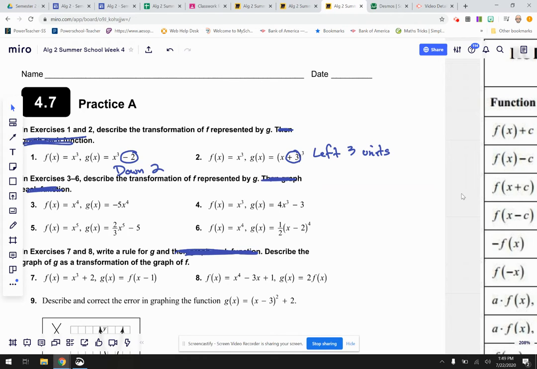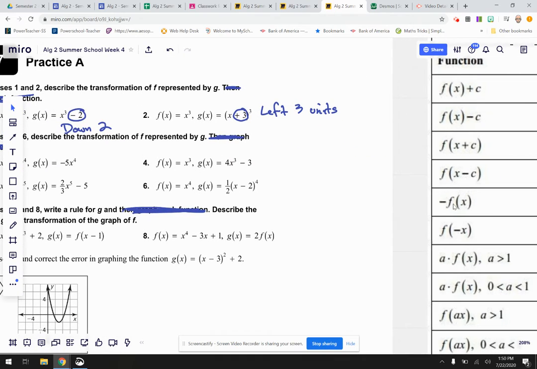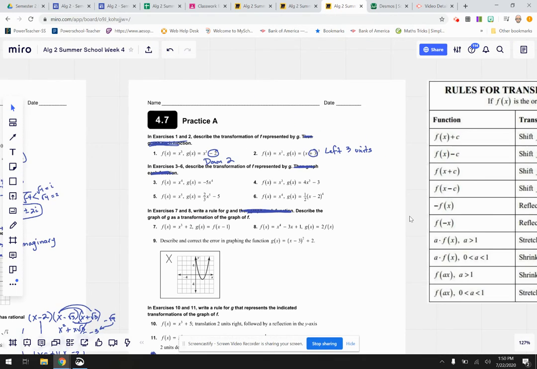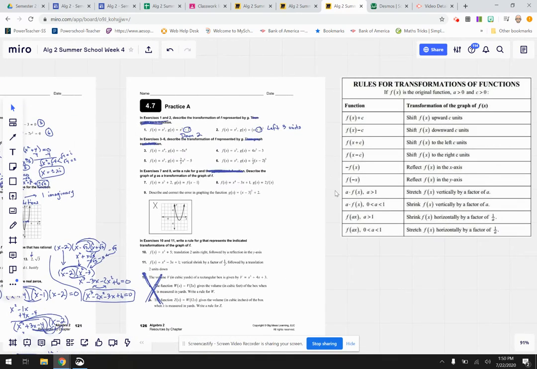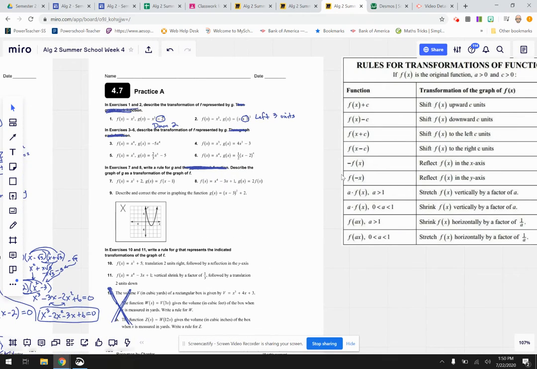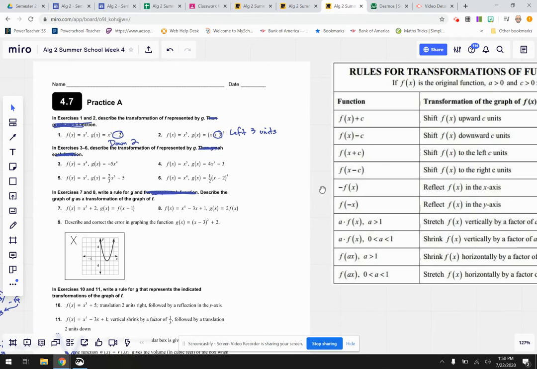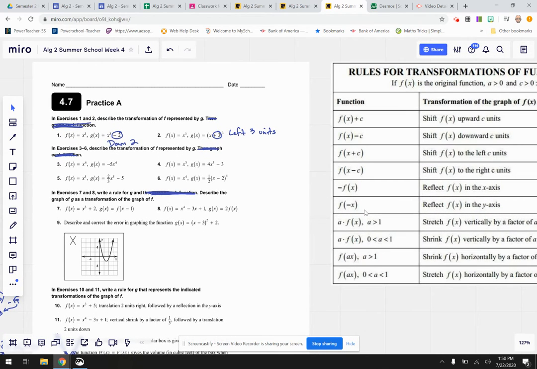Number 3 through 6. Now there's going to be multiple things happening. So here you have a negative and a 5, the negative and the 5 outside of the function. The negative outside of the function is going to be a reflection in the x-axis. So I'm just going to write reflect x-axis.